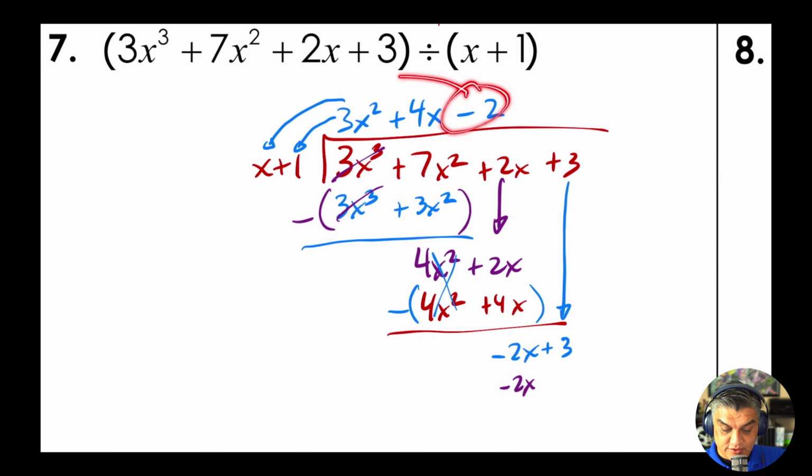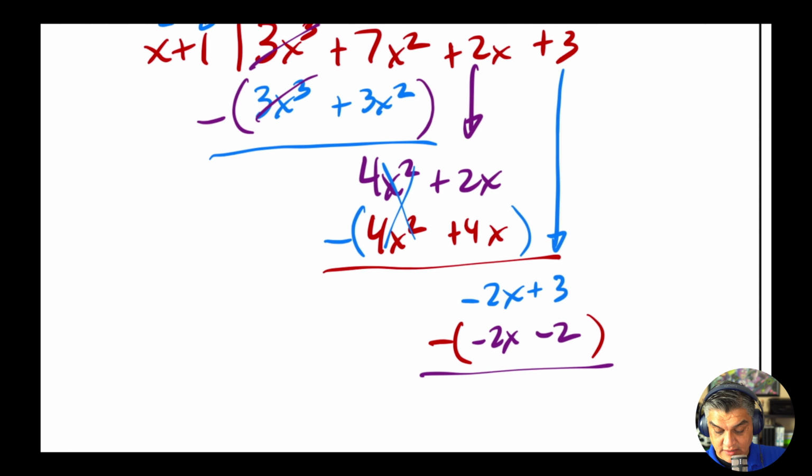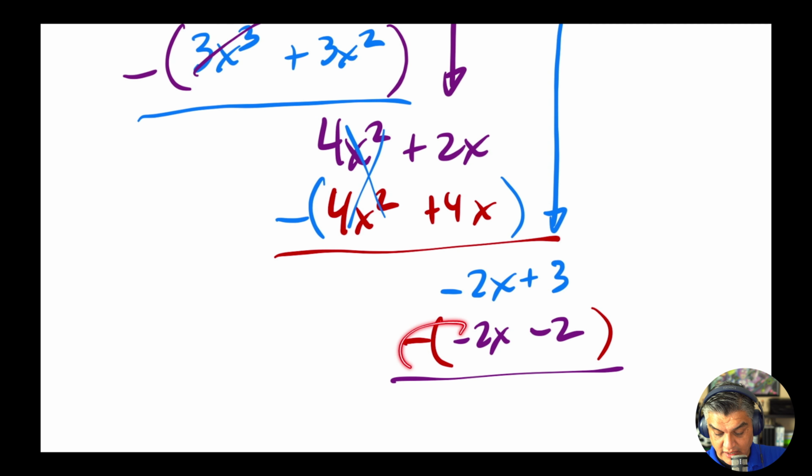And then negative 2 times this 1, easy, negative 2. And then I subtract. Negative 2x minus negative 2x, right? Minus a negative becomes positive. So negative 2x plus 2x is 0, just like we like. So that's gone.